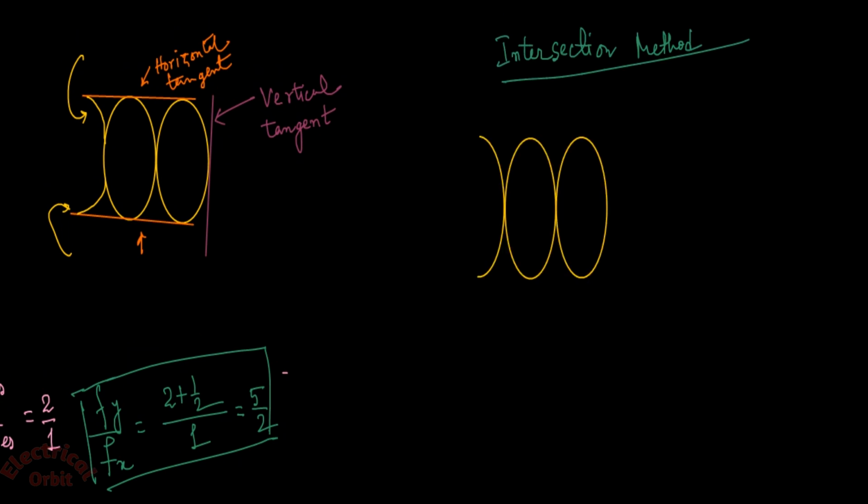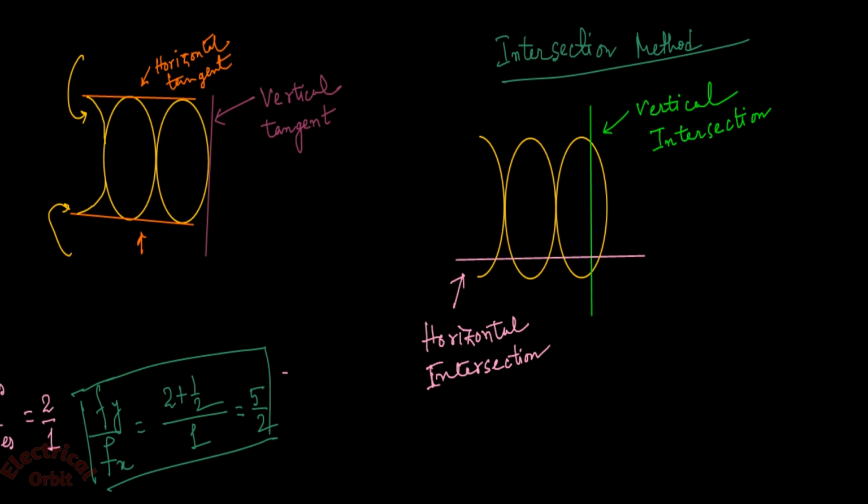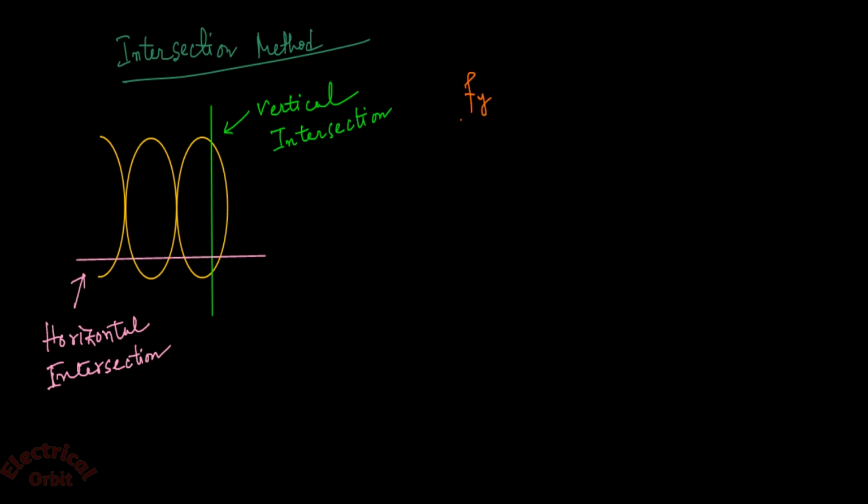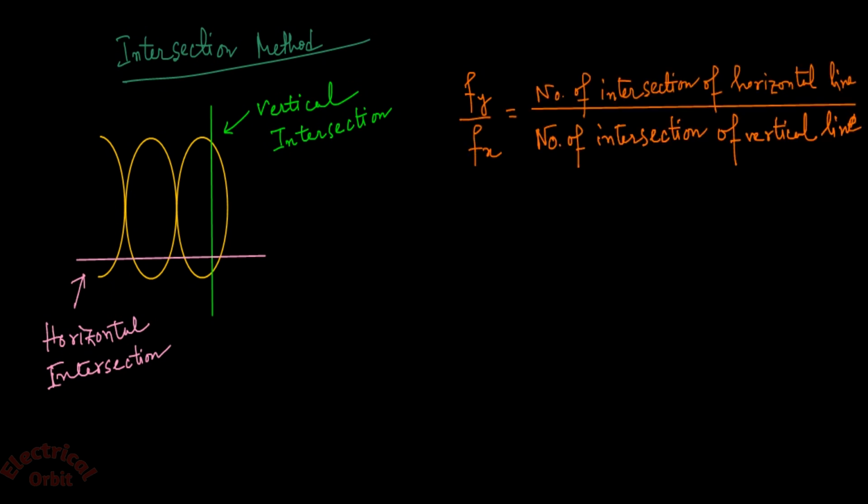Now if we take the intersection method, what shall we find? Take the same pattern over here. We have to draw a horizontal line and a vertical line through this pattern. So let us draw it. This is the vertical line and this is the horizontal line. Now in this case, fy by fx will be the number of intersections of the horizontal line over the number of intersections of the vertical line. How many times is the horizontal line intersecting the curve?